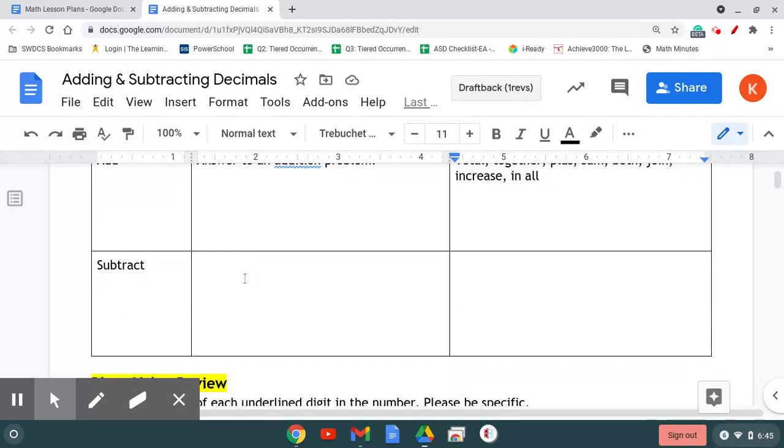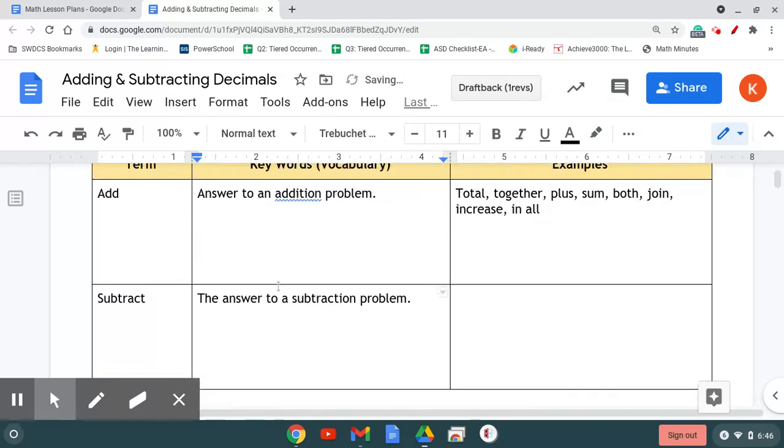All right, our next one is subtract. So these are the answer to a subtraction problem. Again, you'll see all these words in story problems. So let's think of some examples or keywords in story problems that would signify that we are going to be subtracting.